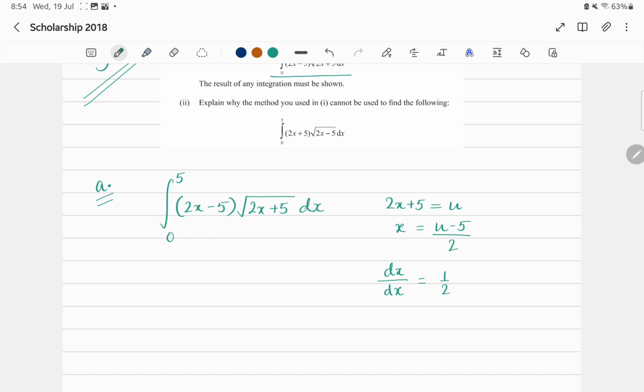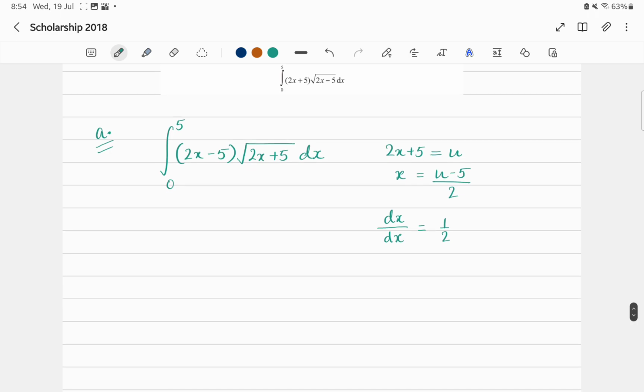Now when we substitute back, we need to convert everything in the question in terms of u. So first we convert the limits. When x is equal to 0, that is our first limit, u will be equal to 5.